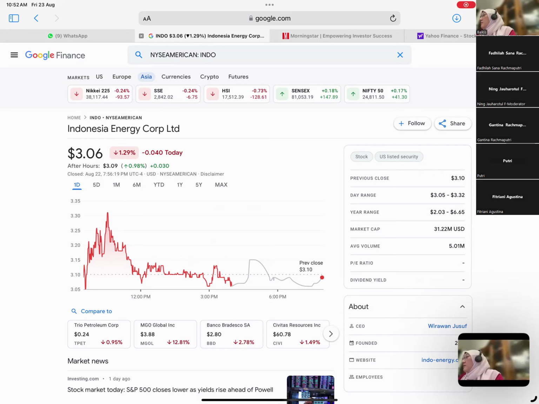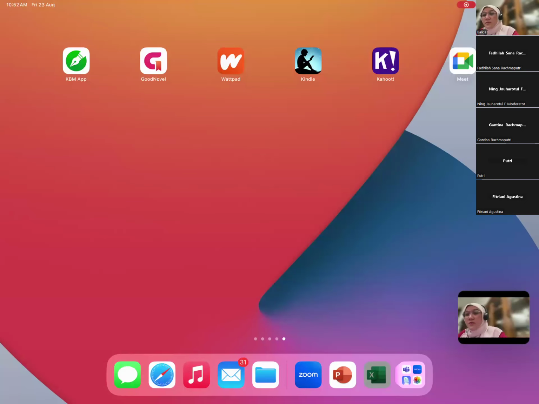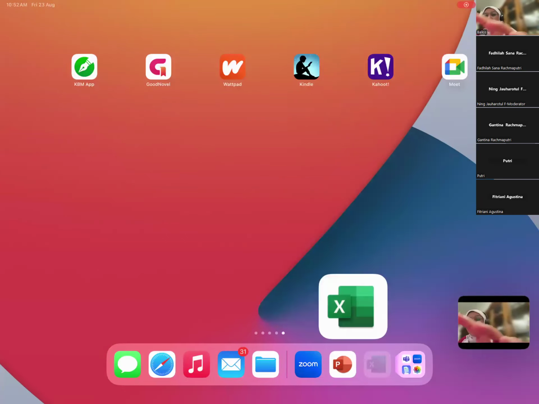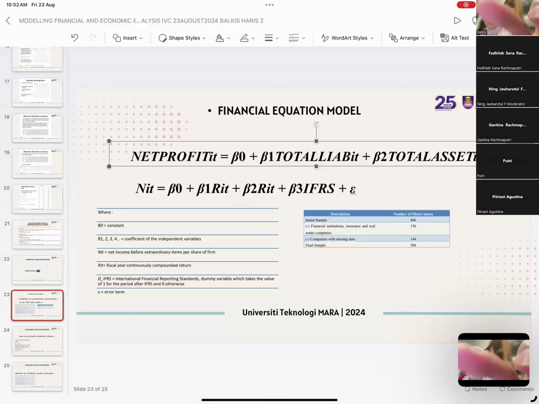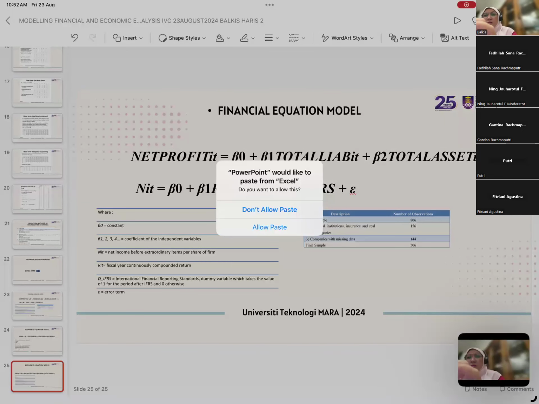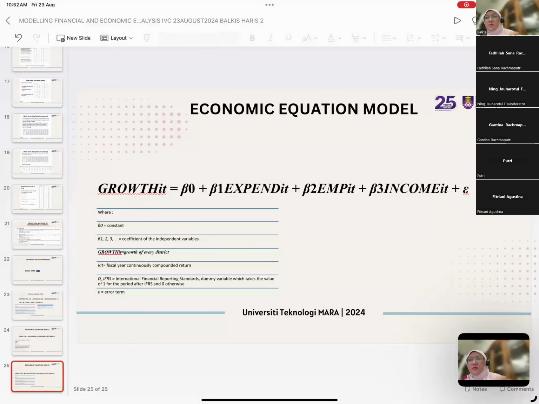The data we have, if you want to use an economic model like regression, the panel data regression, there are assumptions that we must fulfill from the data, so we can use the economic equation model.